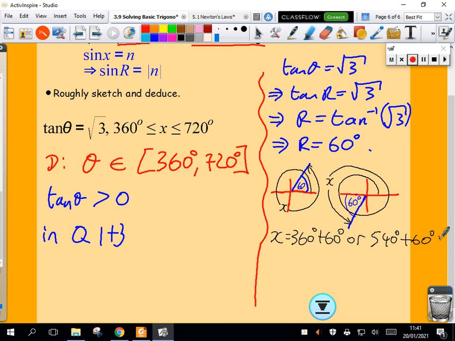And then to phrase my answer, therefore x is equal to 420 degrees or 600 degrees.